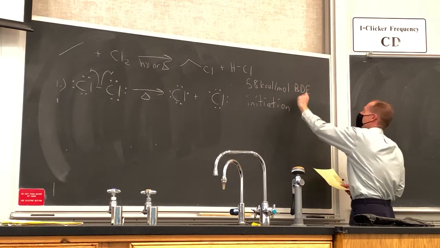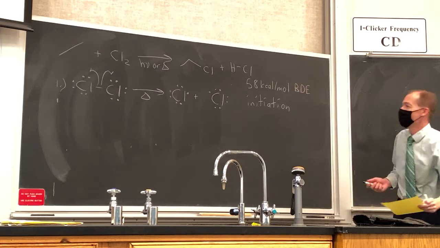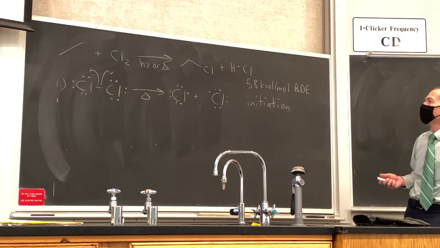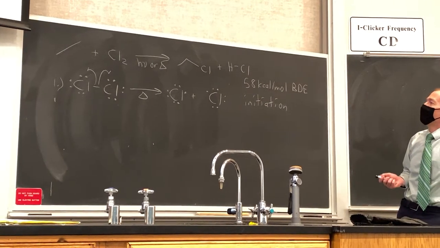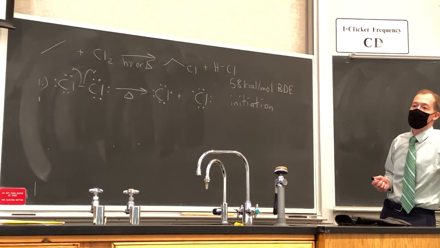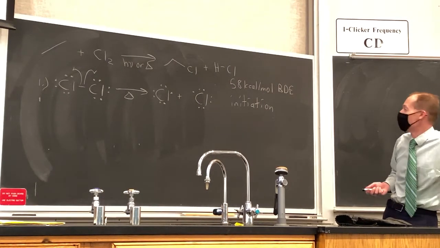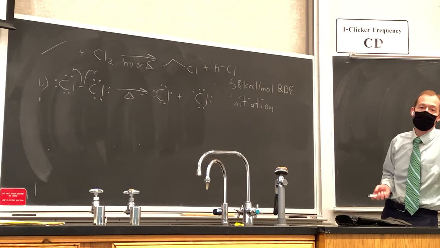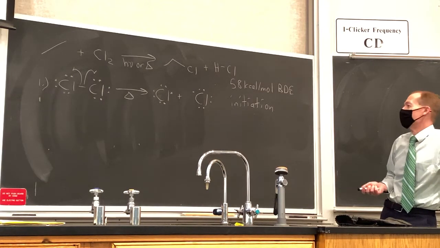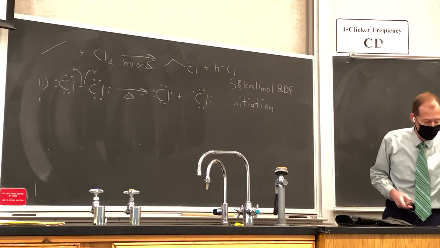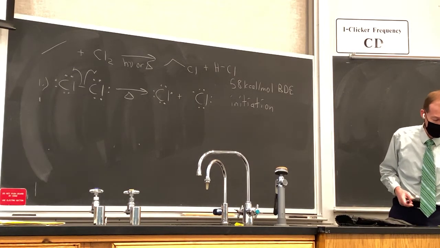We'll discuss some of the other bond dissociation energies later on, but the carbon-carbon bond dissociation energy is about 88 kcals per mole. The carbon-hydrogen bond dissociation energy is 98 kcals per mole. So you see that the chlorine-chlorine bond is much weaker than the carbon-carbon and carbon-hydrogen bond. So that's the one that is cleaved when we heat up the reaction mixture.